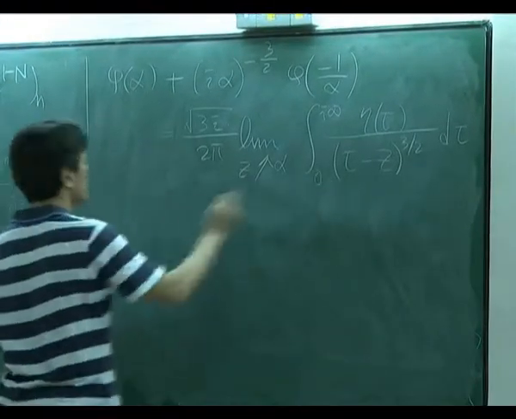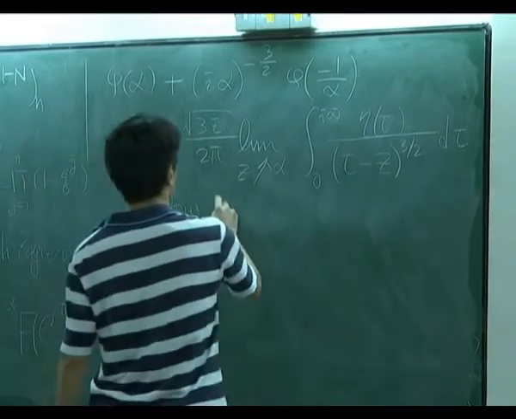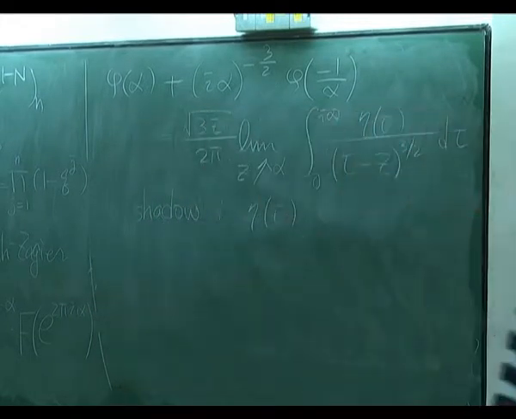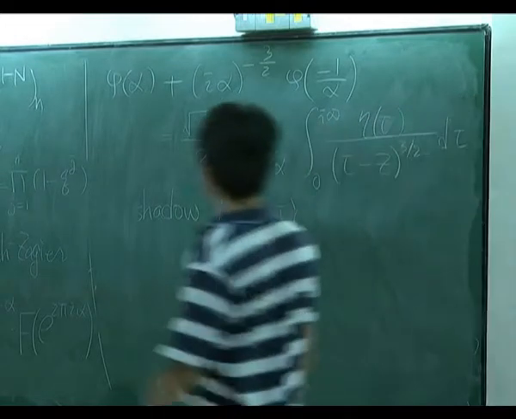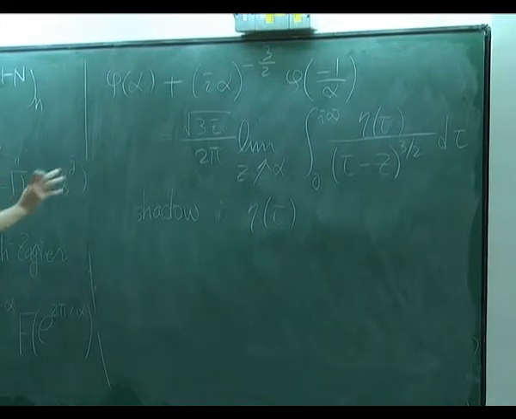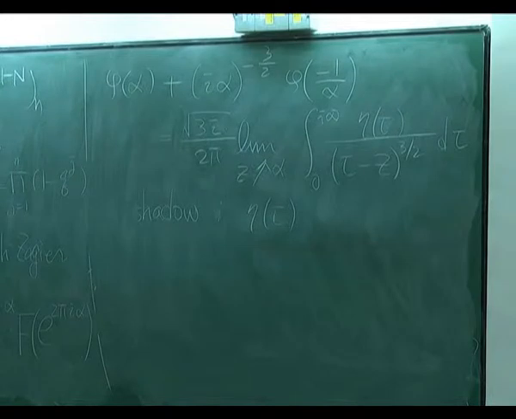And from this one, we see the shadow. It's just the eta function. So we should think of one half as the weight of the quantum modular form. So this is a very beautiful example of a quantum modular form.